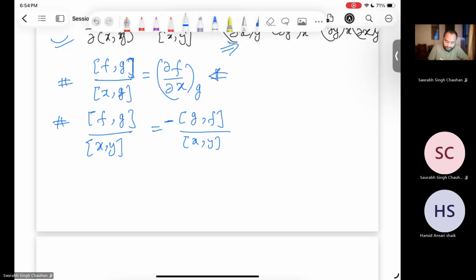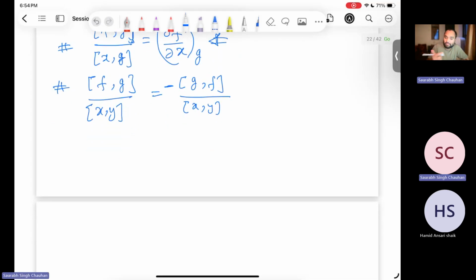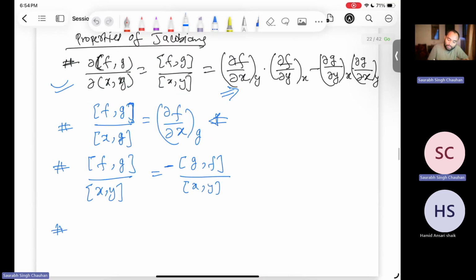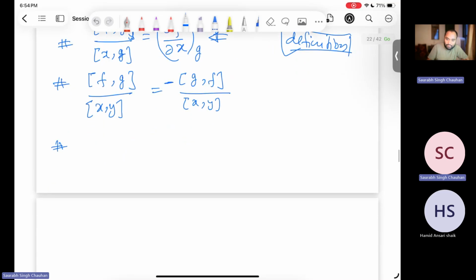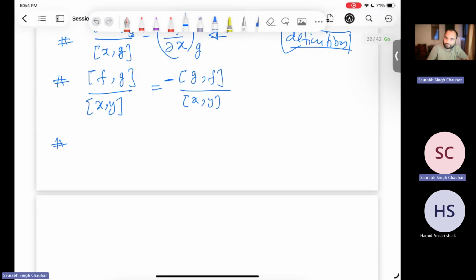You can also flip x and y, but again you will get another negative sign. All these things you can prove. How can you prove? This is the definition. If you want to prove anything, you just use the definition and you will get the property.